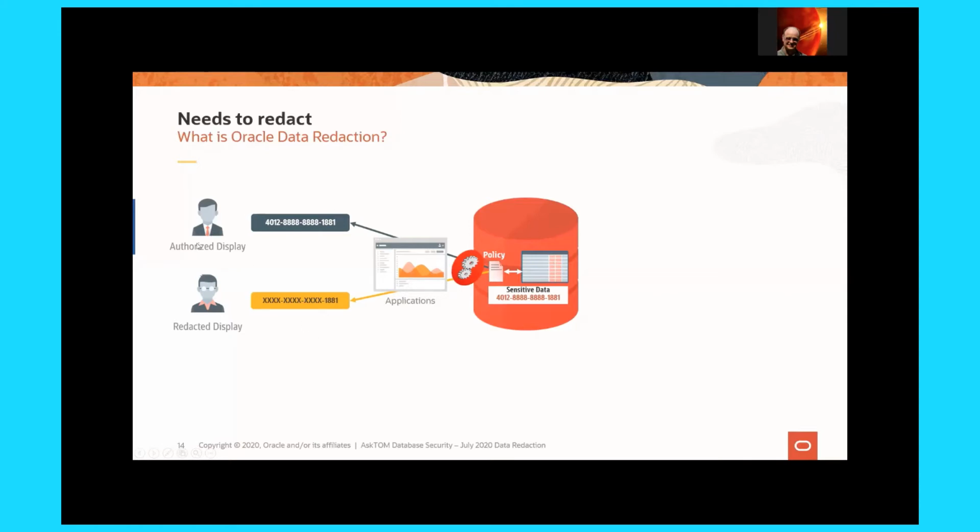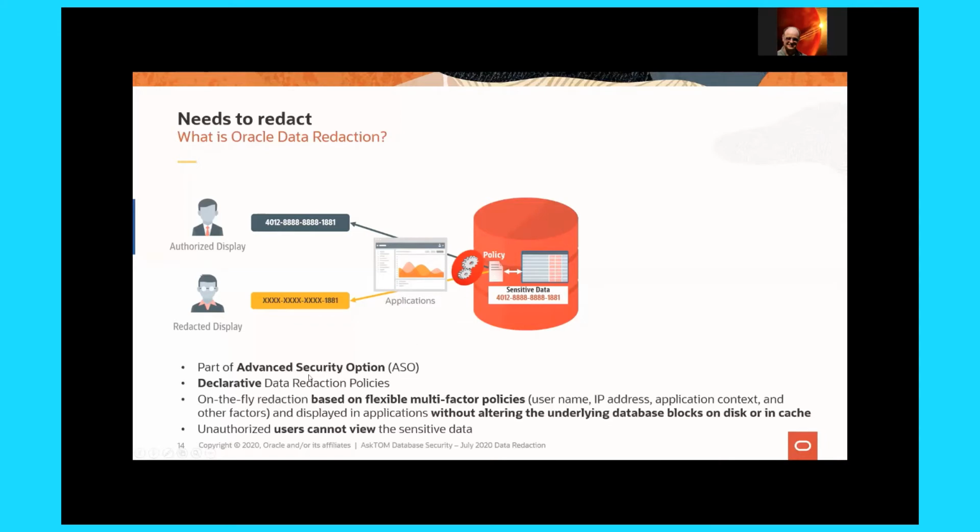So in my case, for this authorized profile, he can see the complete value. But for this redacted profile, he will see only the last 4 digits. And I have no change on my application. I just create a policy on my database side.